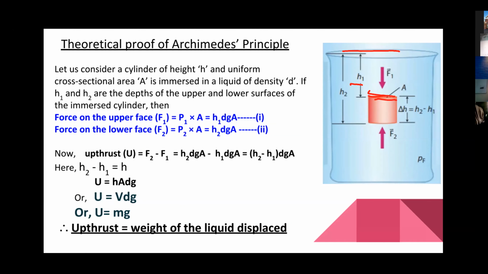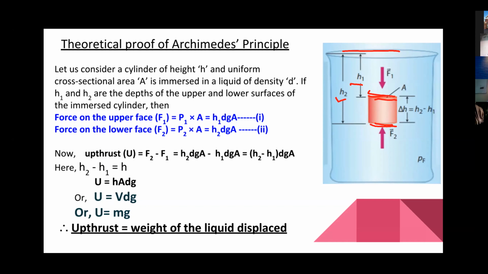And the next height is H2. I hope you are listening to me properly. H2 is the height of the liquid column from the free surface up to the lower surface of the cylindrical body.